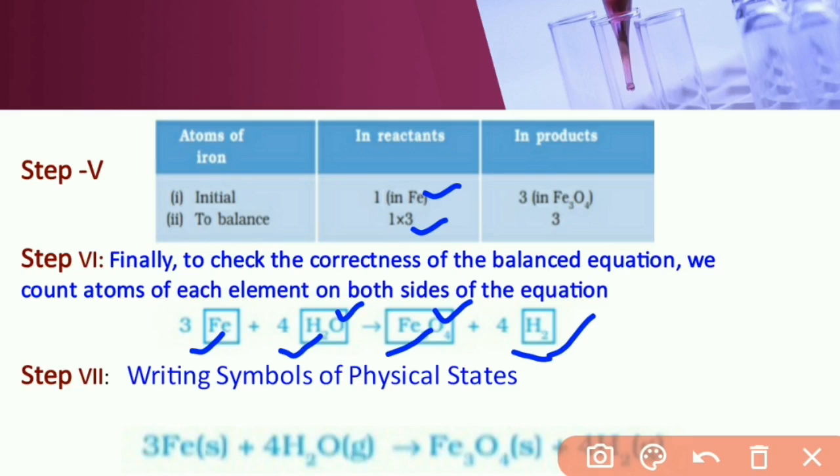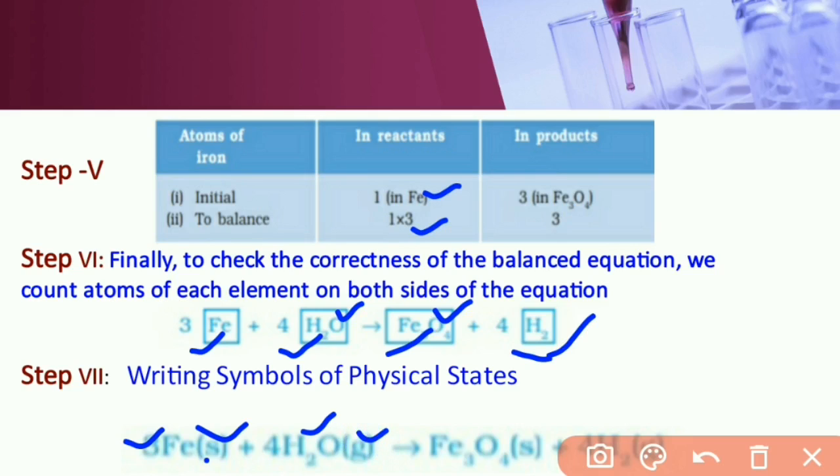Then finally, the balanced equation we have to write with the physical states. Iron is in solid form, so we write the physical state as s. Then water: iron reacts with water vapor in the rusting process. So here water is used in water vapor form, so its physical state is gas.